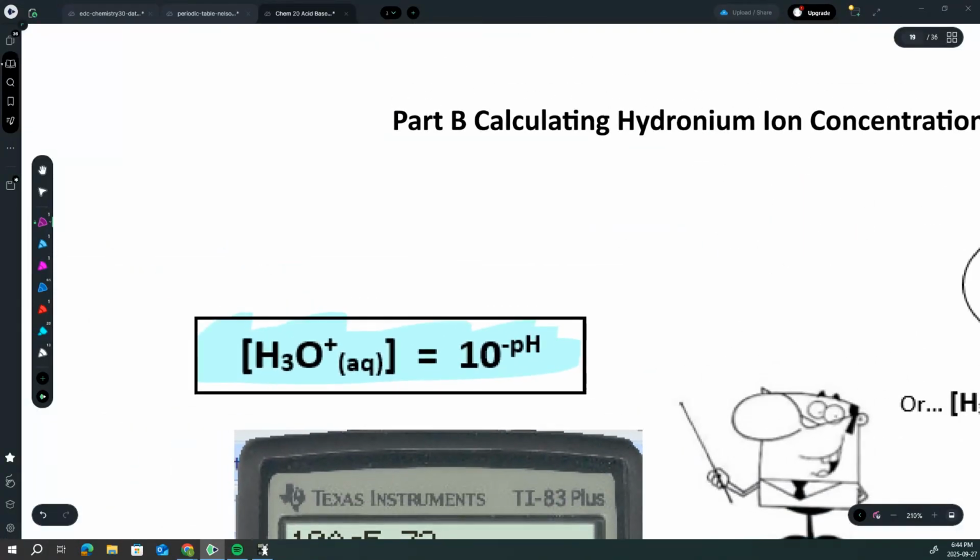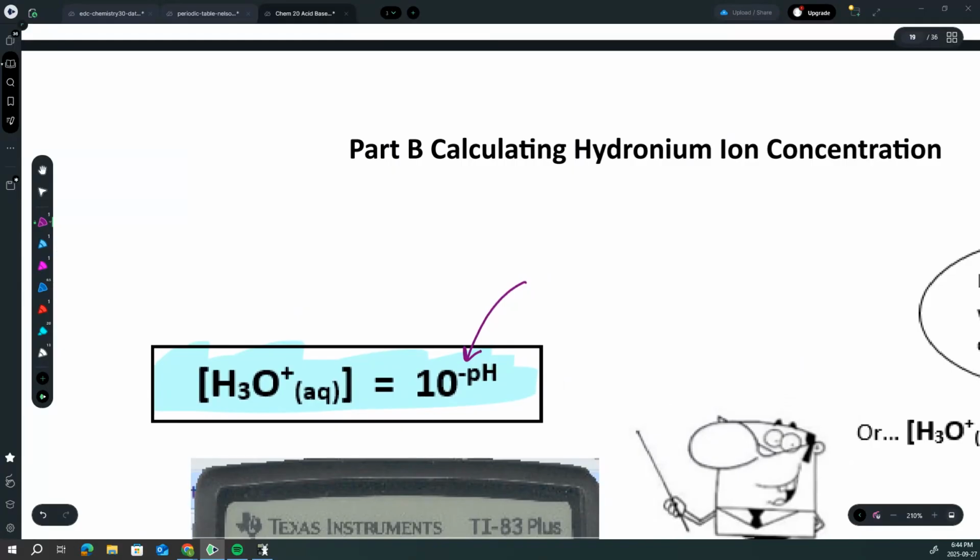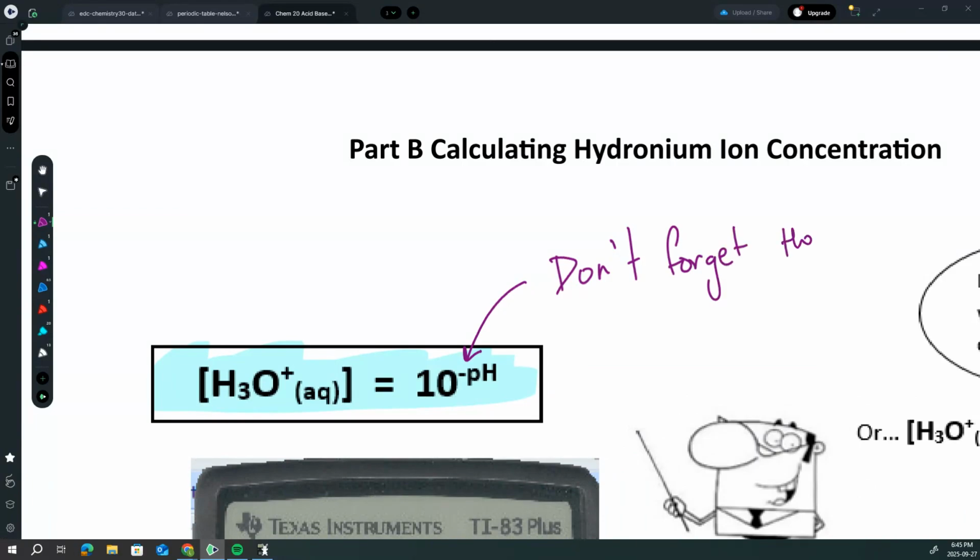One common mistake is forgetting the negative in front of the pH. If you get a weird number, you probably forgot this negative. So don't forget the negative.